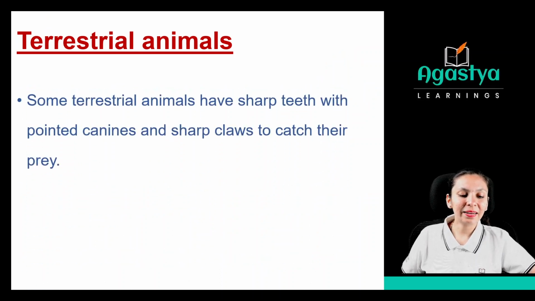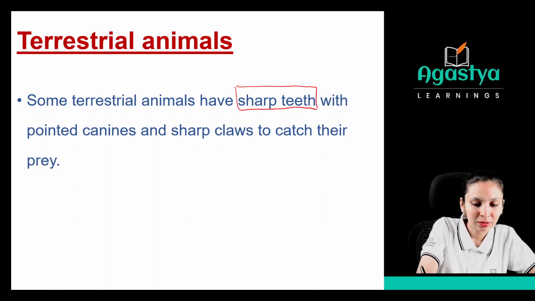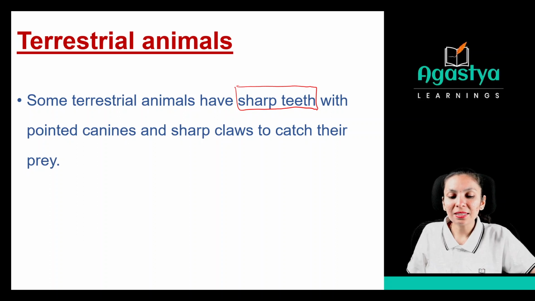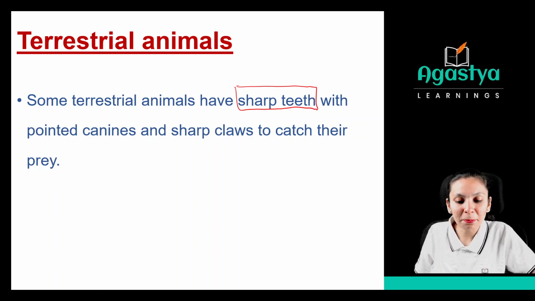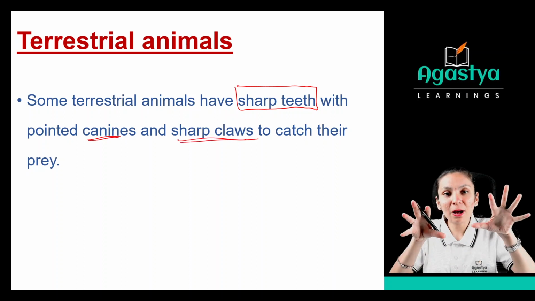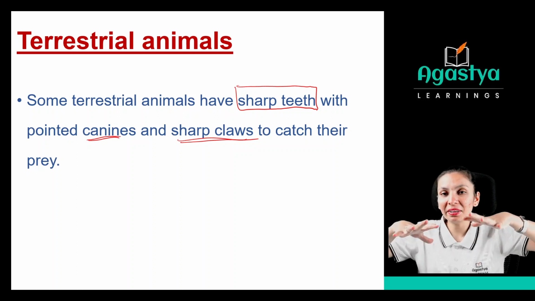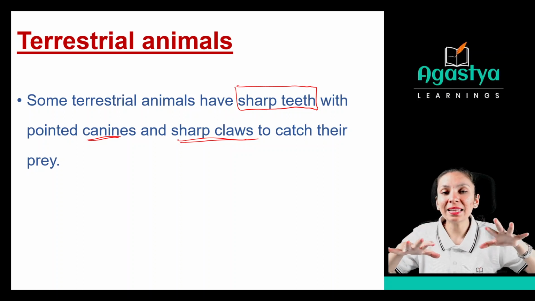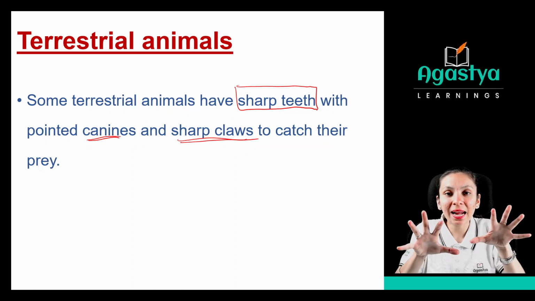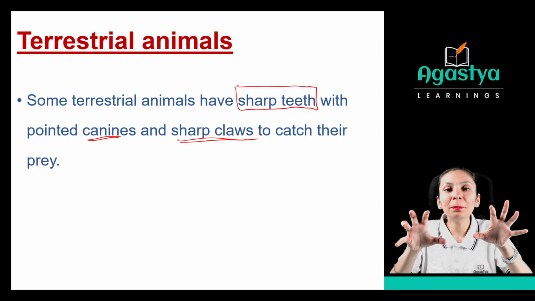Then another characteristic is that they have sharp teeth. Do you have your teeth? Right? So just like us, they also have sharp teeth with pointed canines, and sharp claws. See, claws are to hold something, right? As we have our fingers and toes, these terrestrial animals have claws to hold something very tightly, to keep their balance.